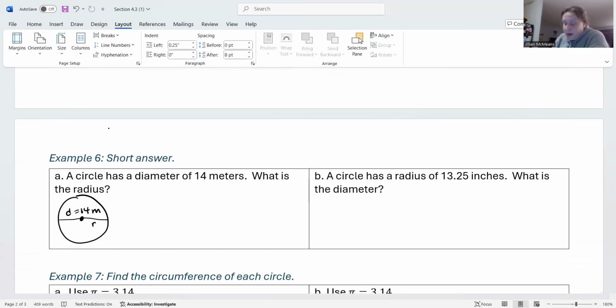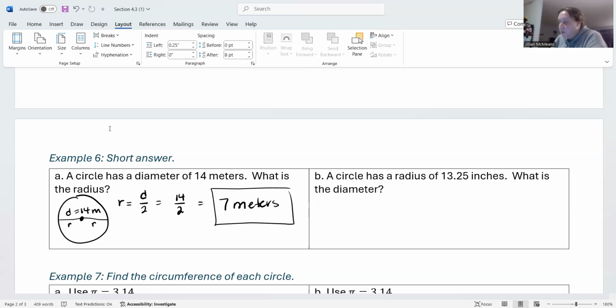That is made up of two sections called a radius. So if I have the diameter and I want the radius, all I have to do is take the diameter and divide it by 2, and that gives me the radius. So I would take 14 and divide it by 2, which gives me 7 meters. So that is the radius right there.